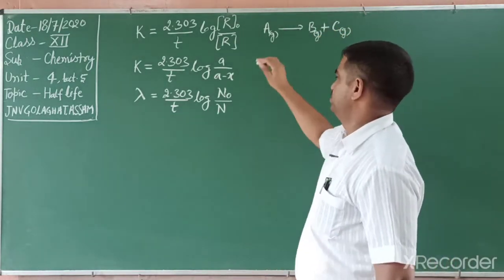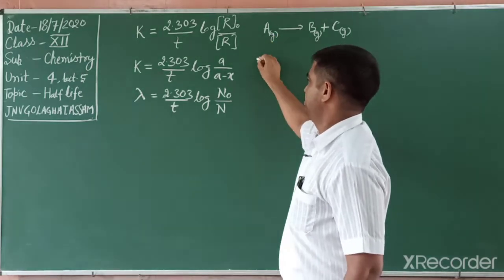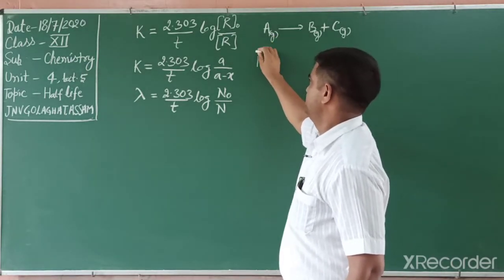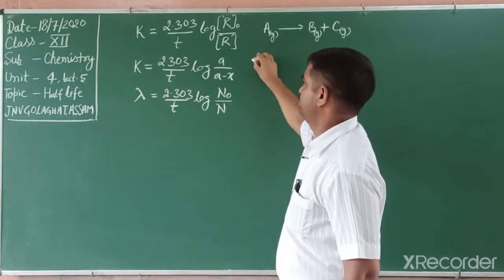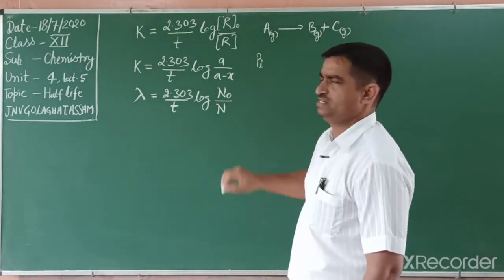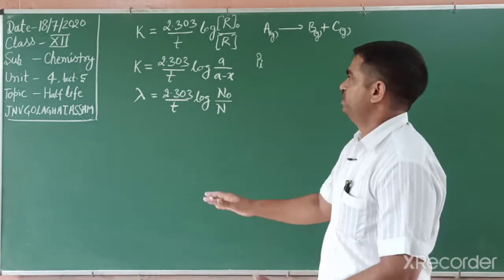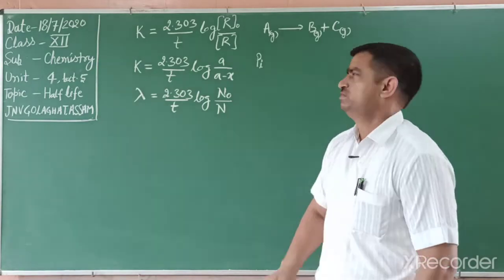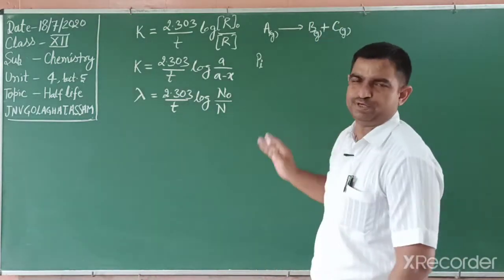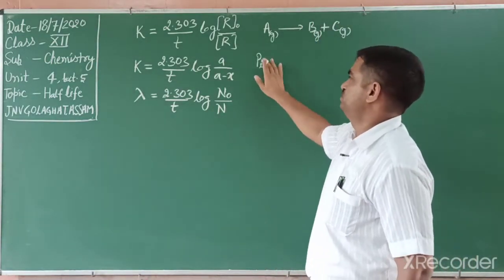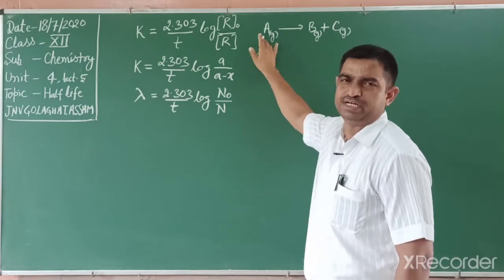And their partial pressures: PA, that is the initial pressure, we can write as Pi. When the reaction has not started, no product is formed, so that pressure is the initial pressure of the reactant.